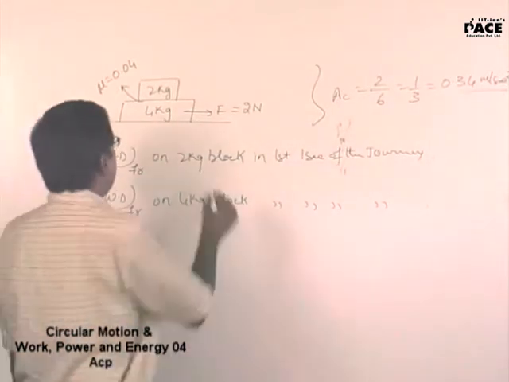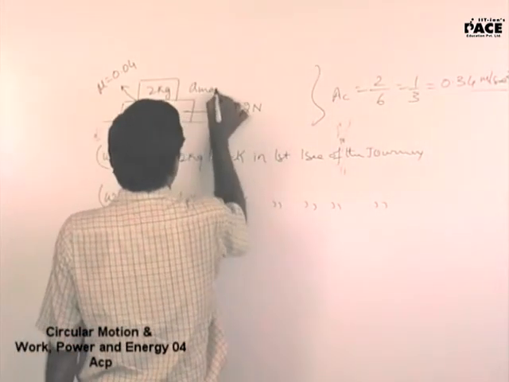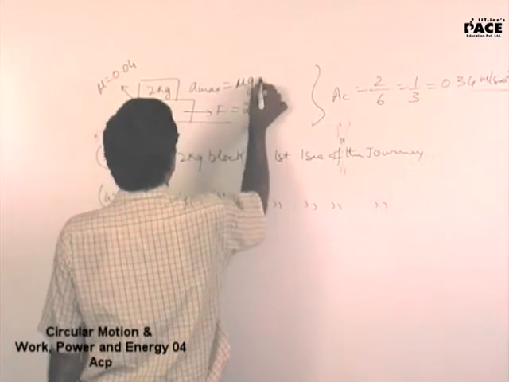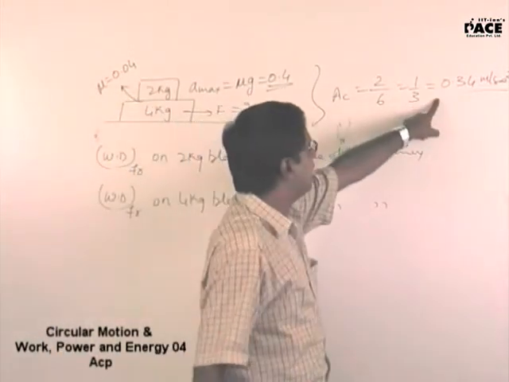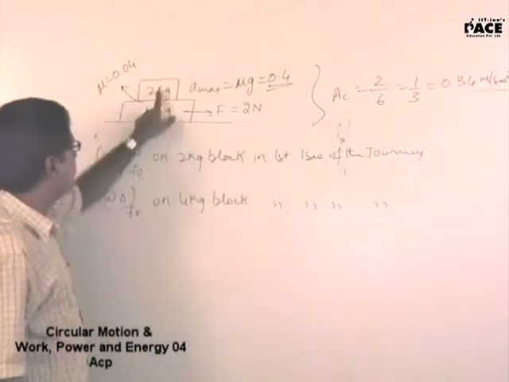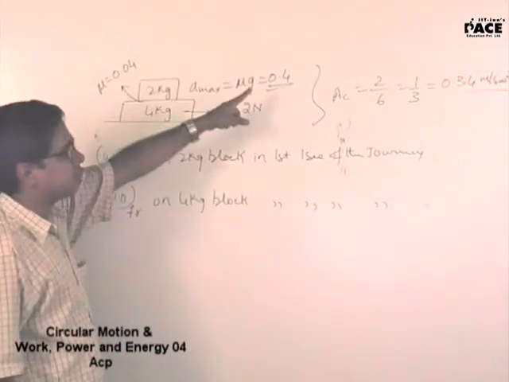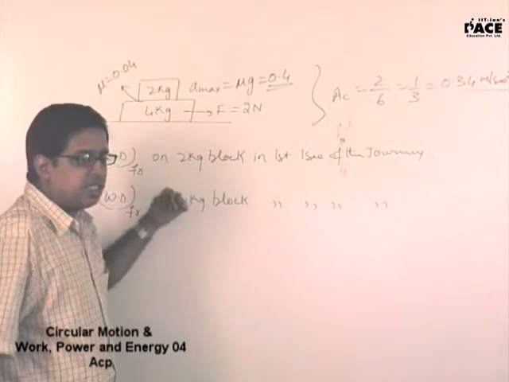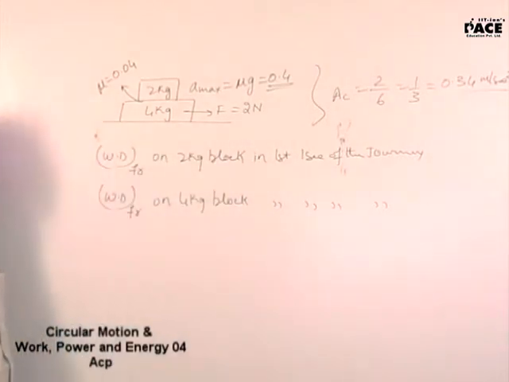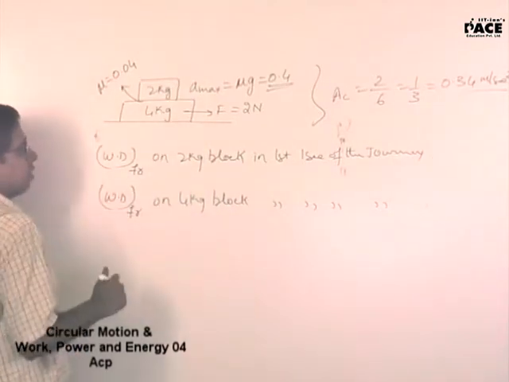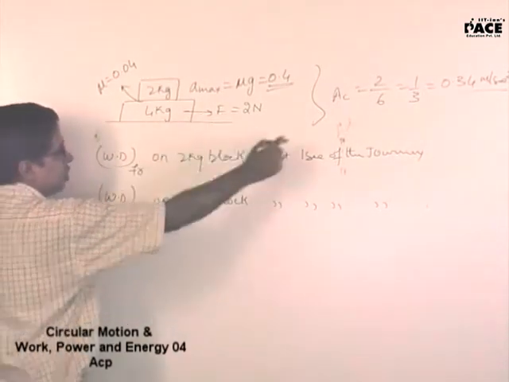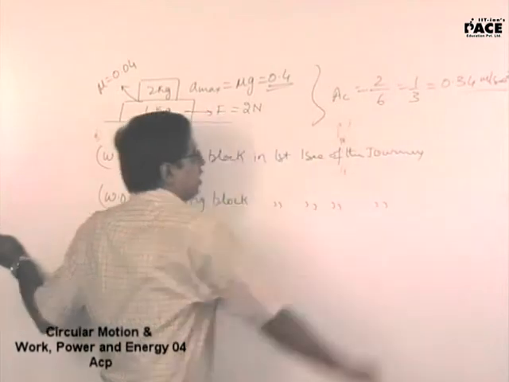Now a maximum will be equal to mu g. This will be 0.4. A maximum is greater than a common. That means friction will not give the 2 kg block that acceleration. It will decrease its acceleration so that both of them will be moving together. Both of them will be moving together with this acceleration.